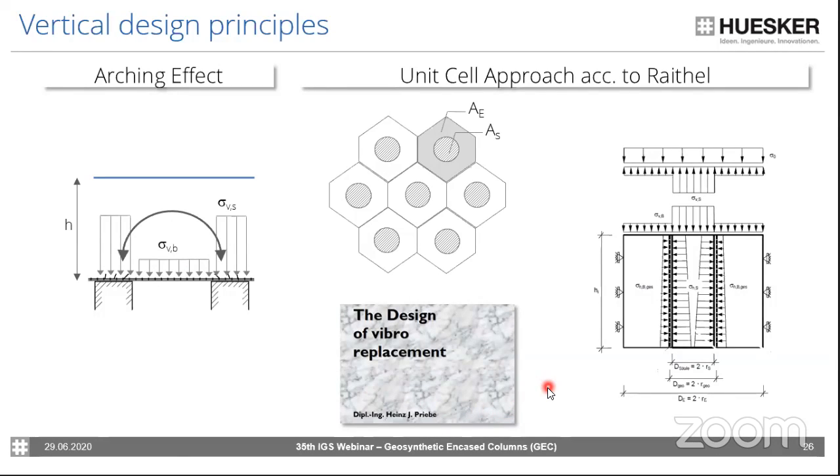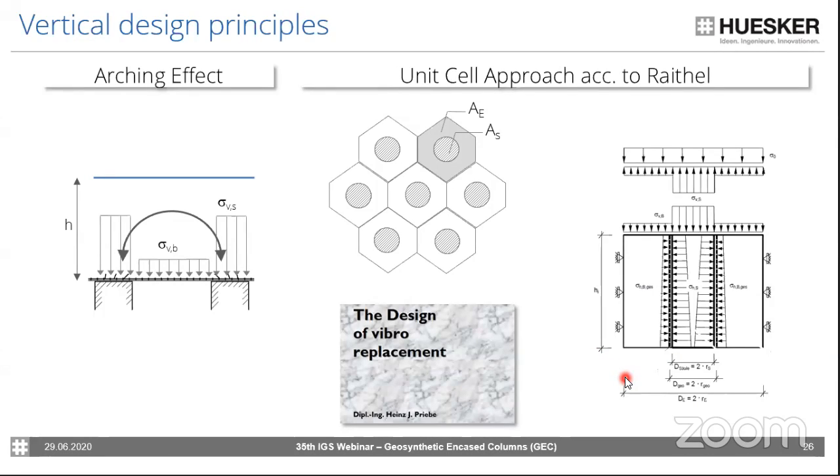When we make a cross section through the unit cell, we see the drawing on the right hand side. So here we can see the load distribution talked about earlier, high stresses on the column and low stresses on the soft soil. The vertical stress on top of the column will be transferred into the horizontal stress, and you can see that the horizontal stress inside the column is much higher than that of the soft soil, and this difference is taken by the geotextile encasement.